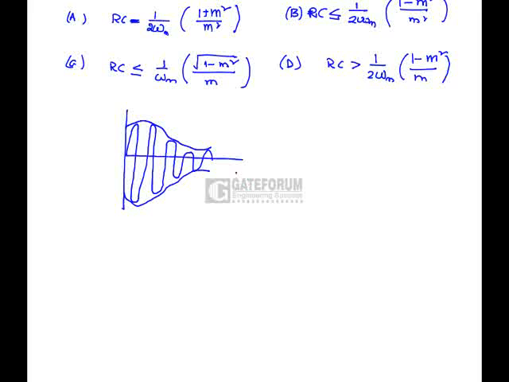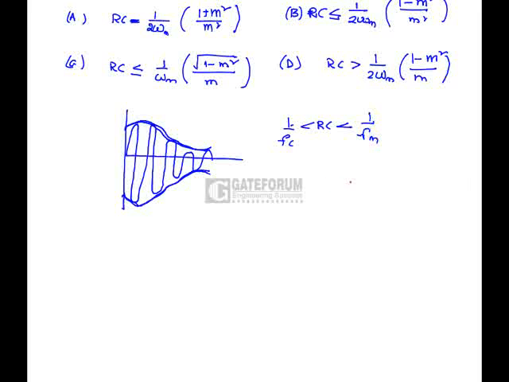So in order to detect the message, we need to detect the envelope, because the information is present only in the envelope of the signal. So the time constant RC should be greater than 1 by FC, and it should be less than 1 by FM.